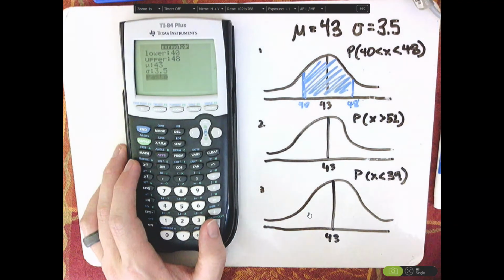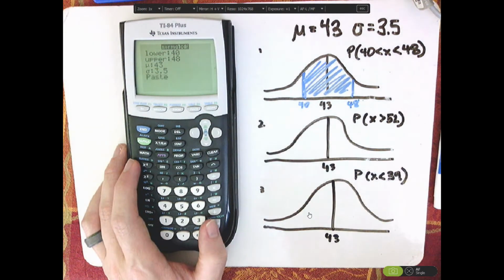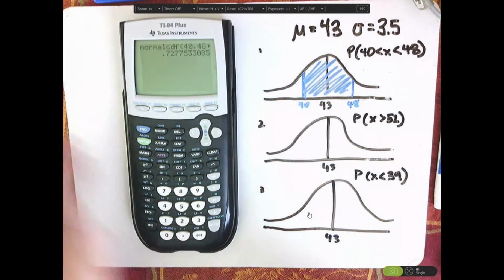Now if it was z-scores, for the mean it would be 0, and for the standard deviation it would be 1. Right, so enter, and we found our probability.